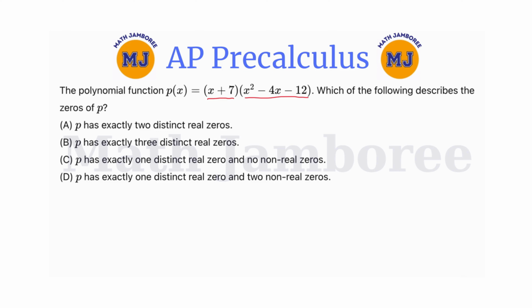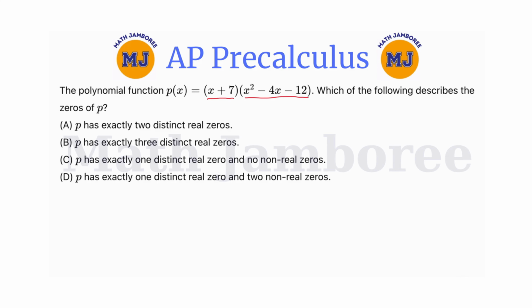To solve this problem, first of all, we will look for the zeros of the polynomial function. To find the zeros, we're going to use the factors, make each factor equal 0, and then solve for x.